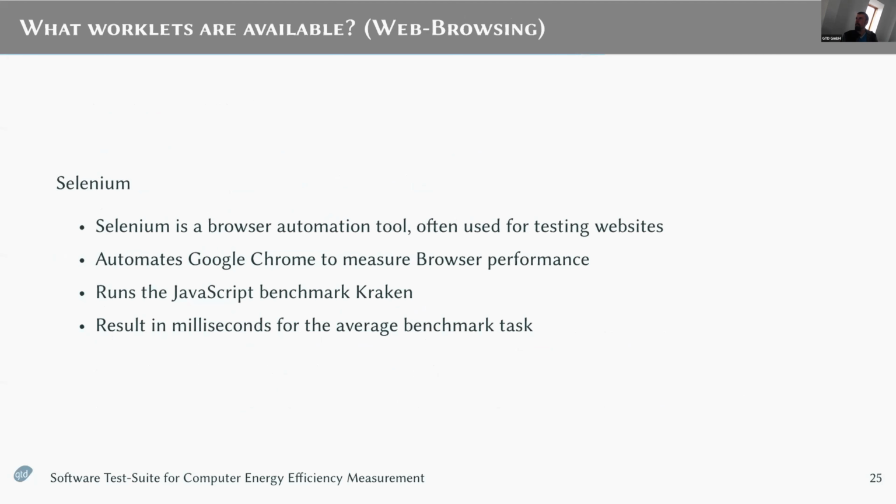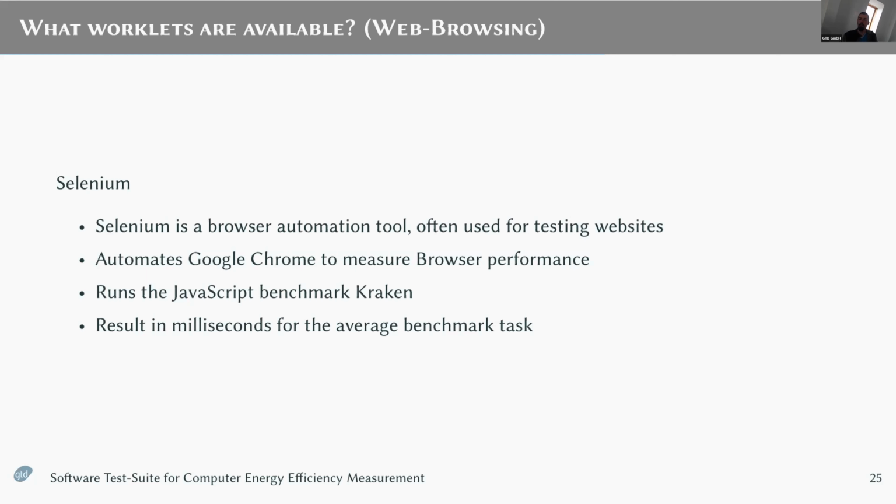Then we have a browser benchmark based on Selenium. That is a browser automation framework, which is usually used for automating tests for websites. So when you create a website, you might stumble across Selenium to do automated tests for your website.